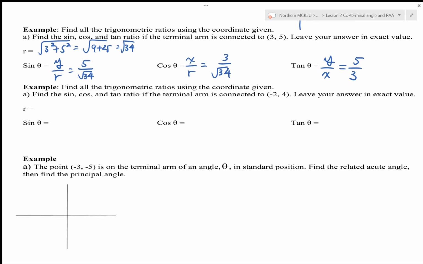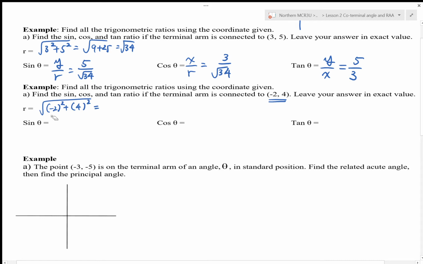Now another example is pretty much the same thing. Find the sine, cosine, tangent ratio if the terminal arm is at negative 2, 4. The same thing, it will be the square root of negative 2 squared plus 4 squared. Some of you may question me, doesn't it have to be 2? Well, it really doesn't matter, because negative 2 squared will give you the same answer anyway.